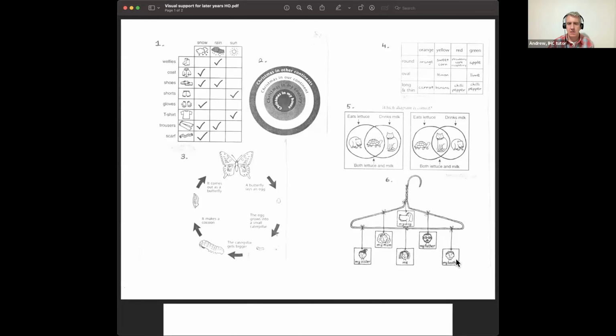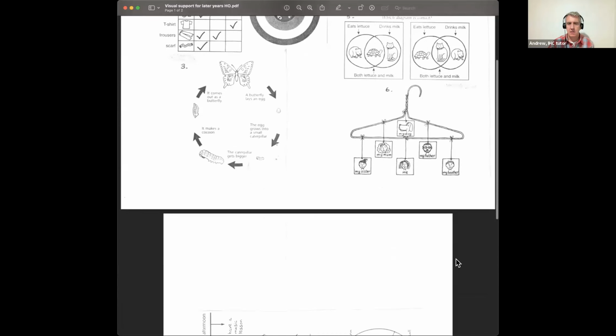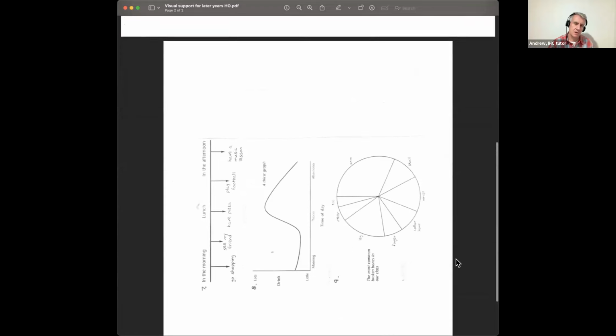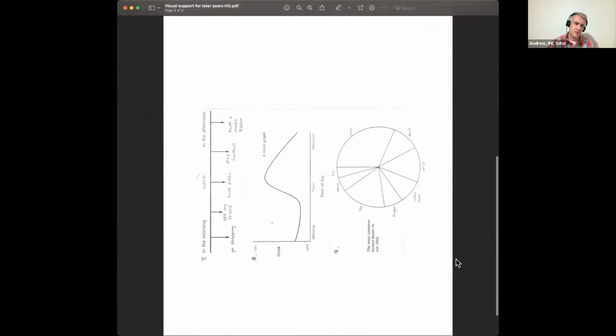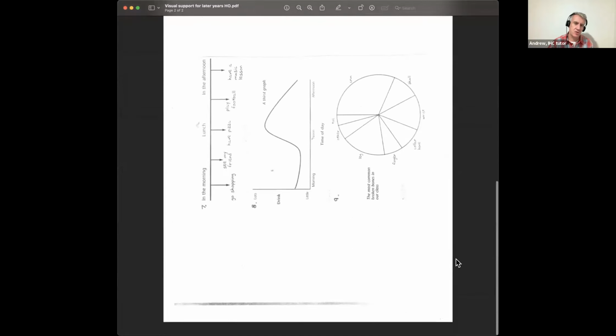Please click on it, and you can see that there are 9. You may have to move to the second page.